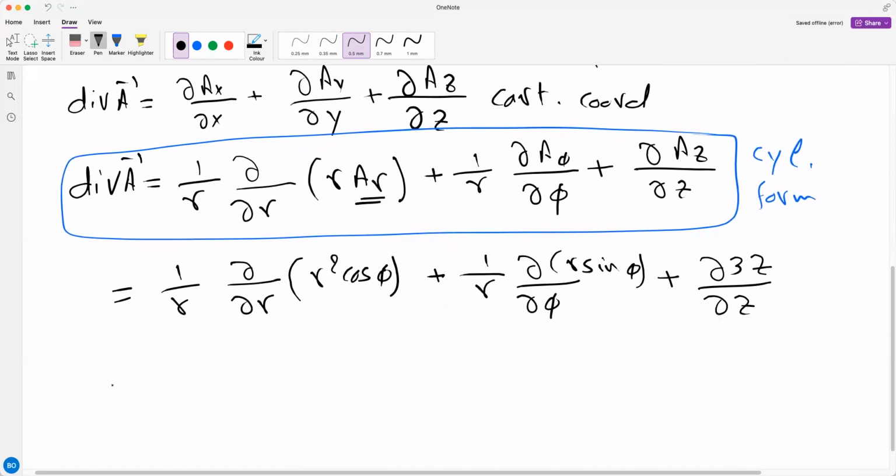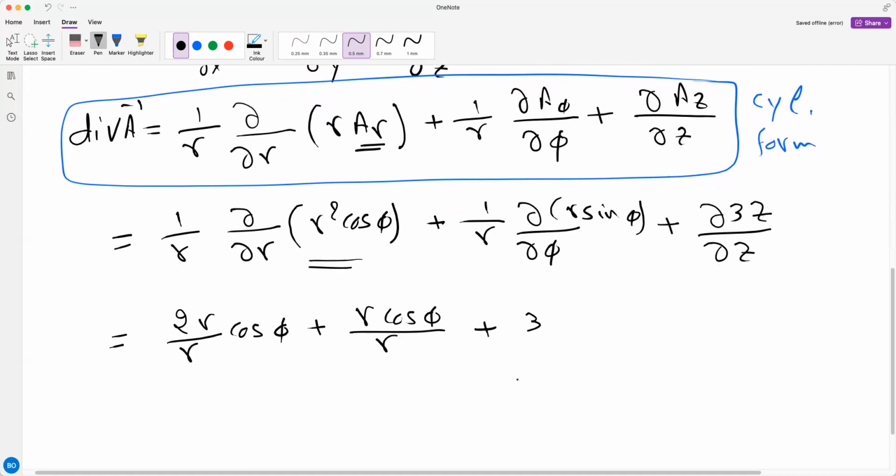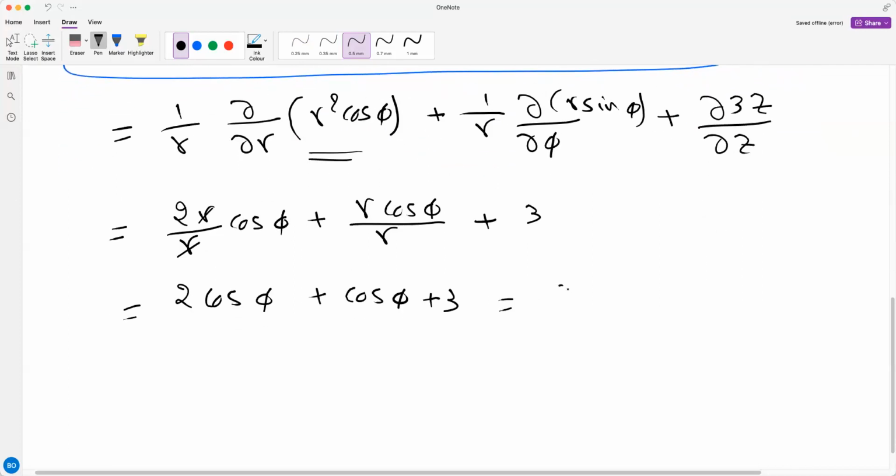The derivative with respect to r of r squared cosine phi is 2r, divided by r, times cosine phi, plus the derivative with respect to phi, which is r cosine phi divided by r, and then the derivative with respect to z is 3. So this gives me 2 cosine phi plus cosine phi plus 3, which is 3 cosine phi plus 3.